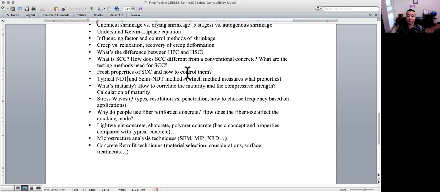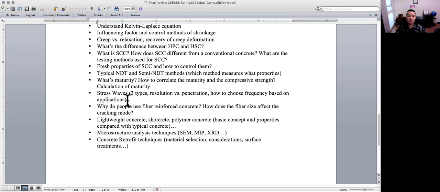And the other type of high performance concrete will be discussed in a moment. So next is NDT and the semi-non-destructive testing methods, including ultrasound, GPR, cover meter, and other methods.